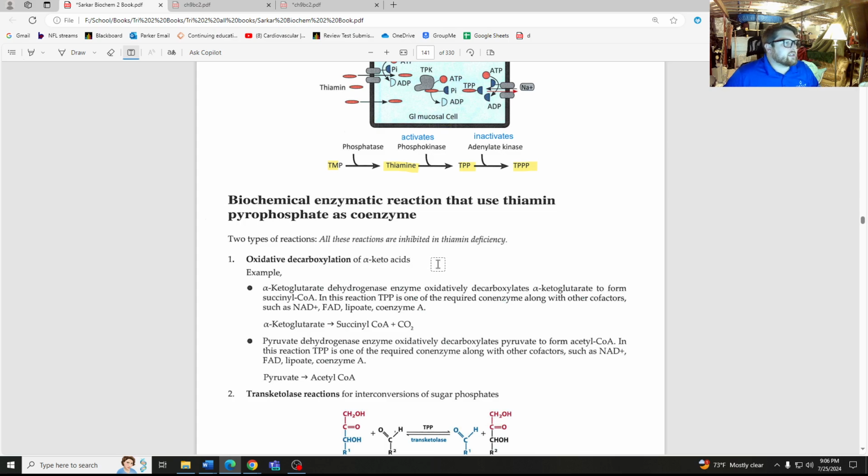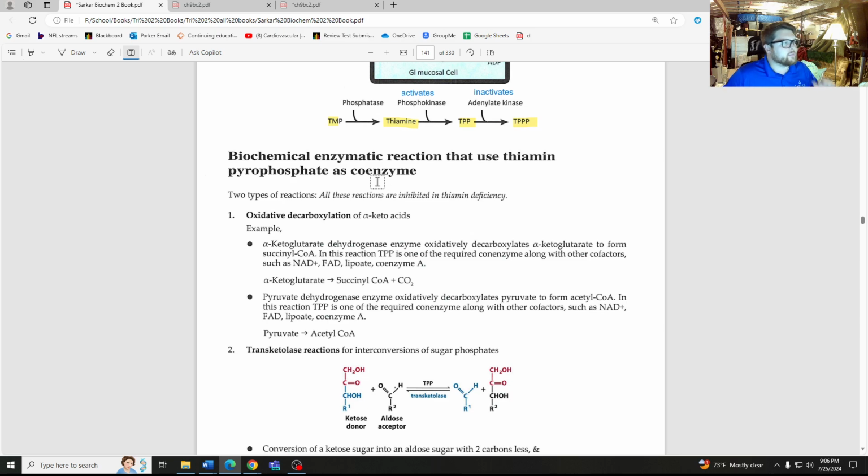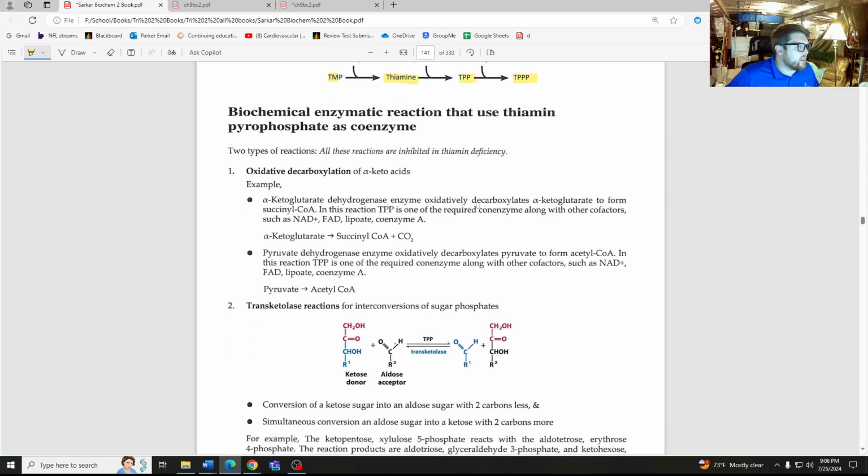Biochemical enzymatic reactions that use thiamine pyrophosphate as a coenzyme. So two types of reactions, and all these reactions are inhibited when we are deficient in thiamine, which makes sense. If we don't have thiamine, then we can't perform the reaction. Two, we have oxidative decarboxylation of alpha keto acids.